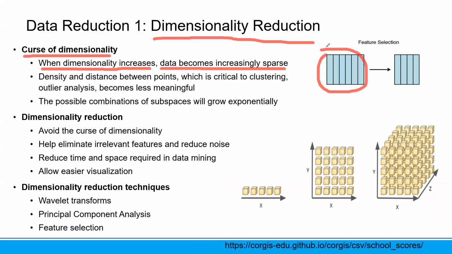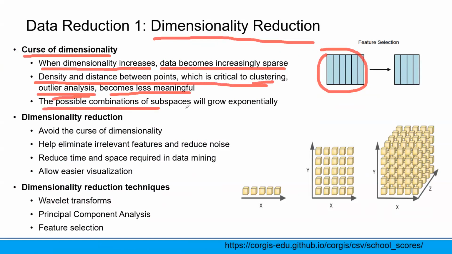Because if it is too big, it is sparse. We call it sparse, because we cannot even understand. Maybe there will be many zeros, or there will be a lot of meaningless values. Density and distance between points, which is critical to clustering or the outlier analysis, become less meaningful. So if there are too many columns, it is not meaningful for making the clustering or the outlier analysis.